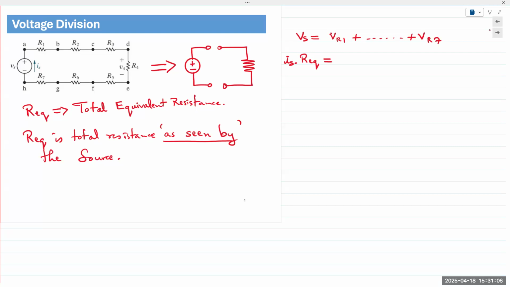If you say you're looking into the circuit from the source, as seen by, or it's acting as a load, that means you're removing that component from your analysis, and then you analyze the rest of the circuit between those terminals. And that's what that means. Let's take a pause and let me know if you have questions about that concept.